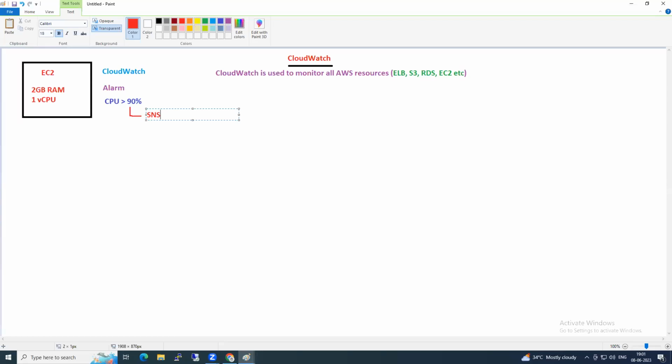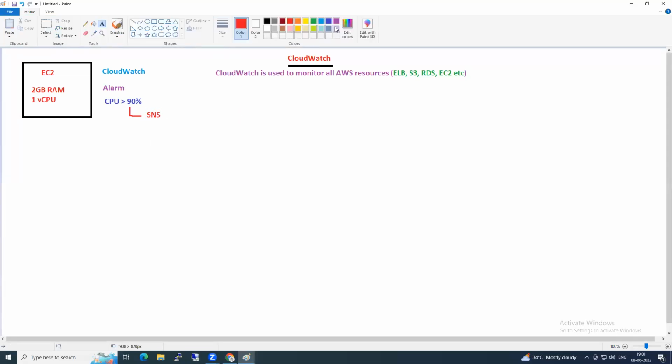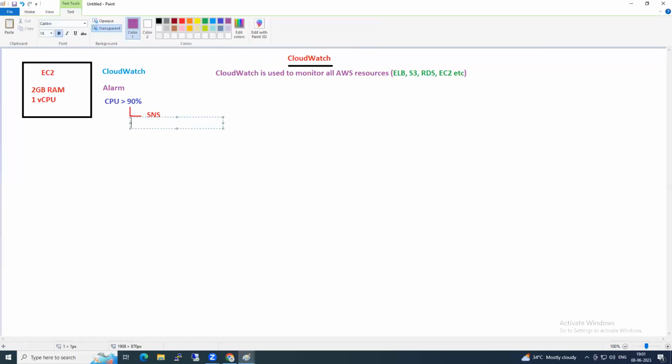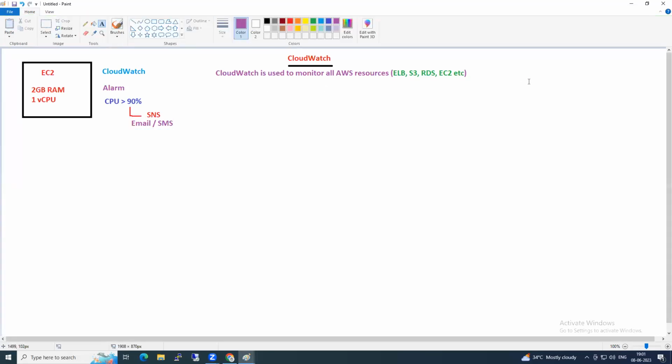SNS is a service that will send a notification to the admins, using an email ID or SMS. What is the full form of SNS? Simple Notification Service. Everything starts with simple and with service.